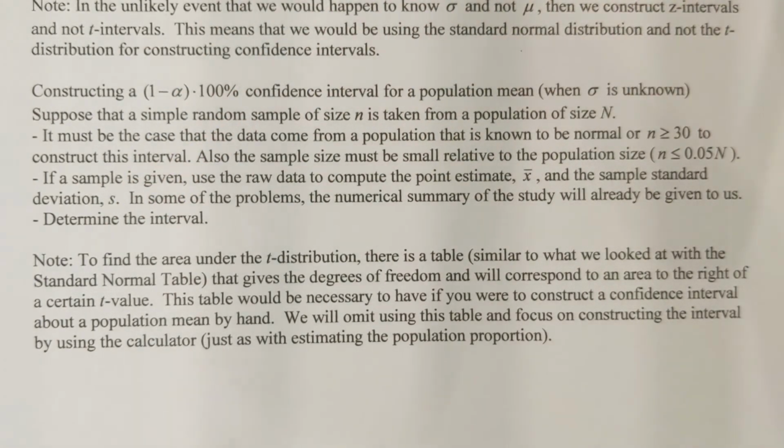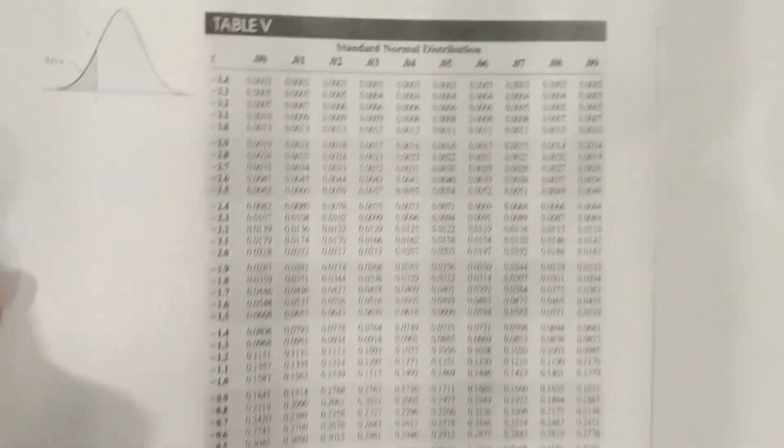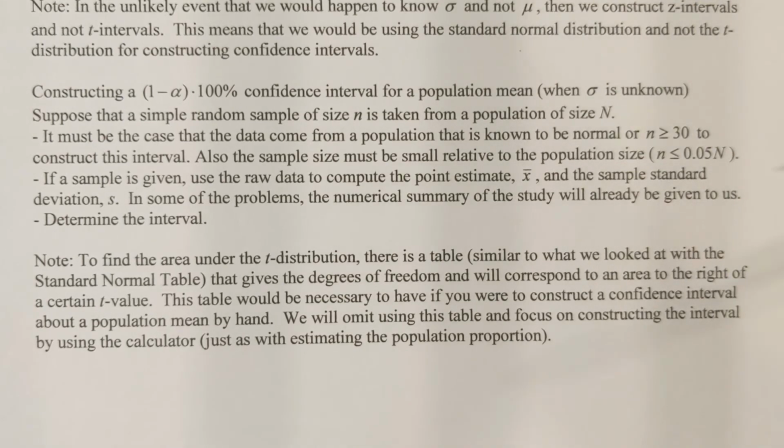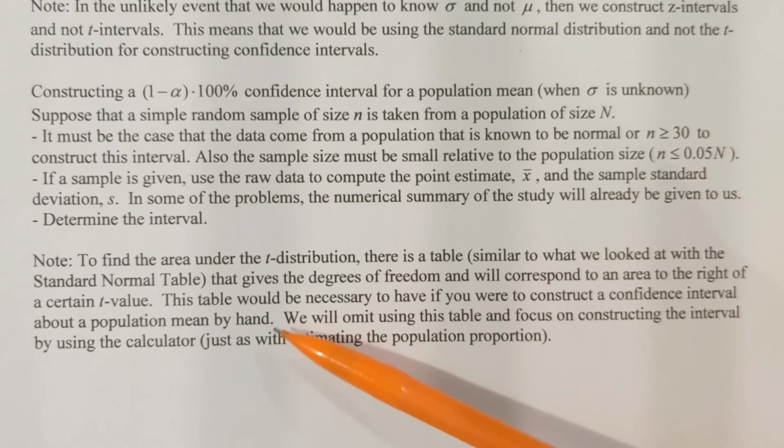There's another note. To find the area under the t distribution, there's a table, kind of like the table that we had looked at with the standard normal table here that we've used quite a bit. Okay, there's a t distribution table, and that would be a necessary thing to have if you were to construct confidence intervals about the population mean by hand.